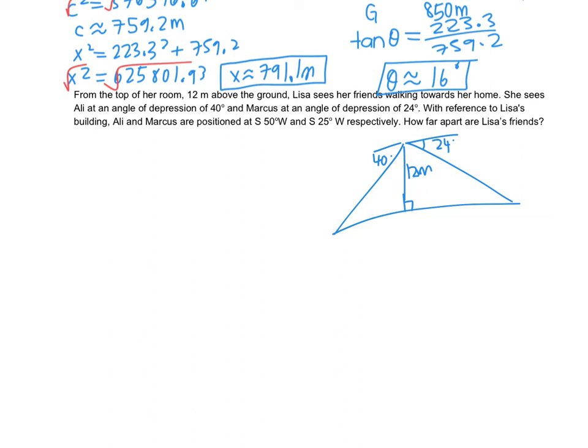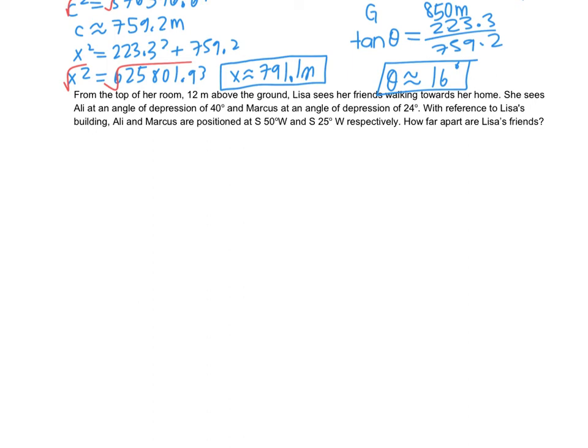So I will go ahead and erase this. That's what we normally would have done, maybe in grade 10 or in the two-dimensional questions, but here is the change. With reference to Lisa's building, Ali and Marcus are positioned at south 50 degrees west and south 25 degrees west, respectively, which means they're not directly to the right and directly to the left of Lisa and her room.